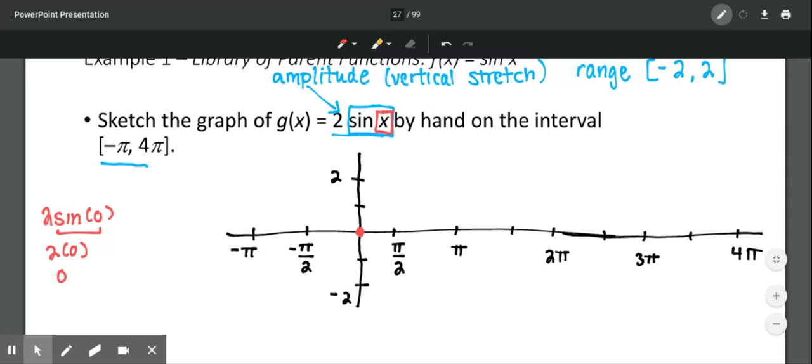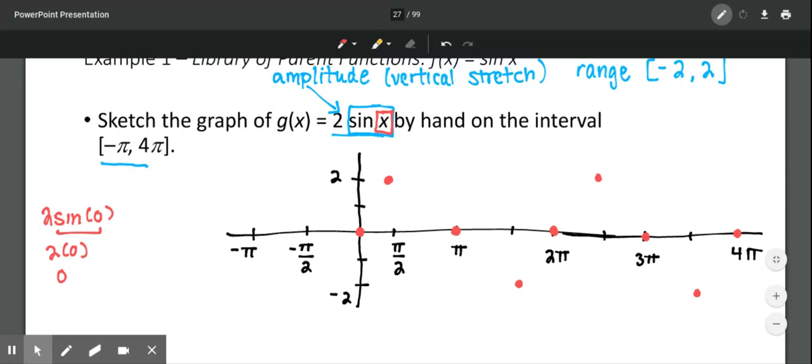It normally goes up to 1, but because we're stretching it, we have to stretch it all the way up to 2. And then back at pi, we're at 0. And then at 3 pi over 2, we would be down at negative 2. So it just has that pattern. It goes up to 2, to 0, to negative 2, then it goes back to 0, and then it follows that pattern. So back up to 2, to 0, to negative 2, back to 4 pi.